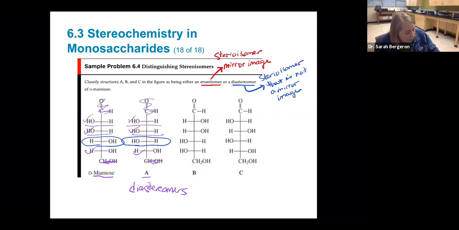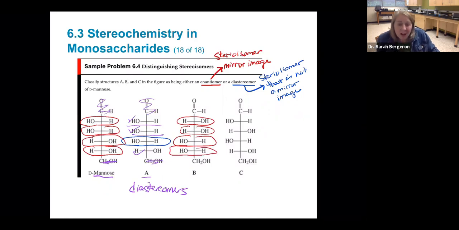Now let's do the same thing, except I'm going to erase the stuff off of here first, and I'm going to check. When I look at my first one to my first one, they've been flip-flopped. The second to the second, they've been flip-flopped. Third chiral carbon, flip-flopped. Fourth chiral carbon, flip-flopped.